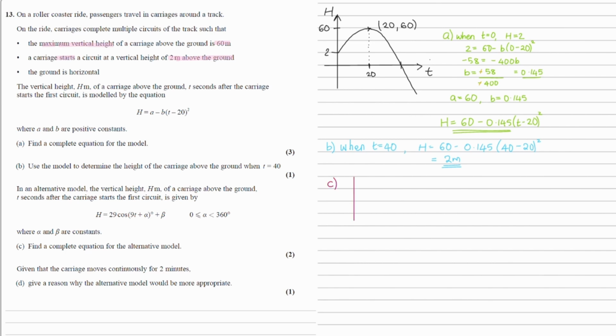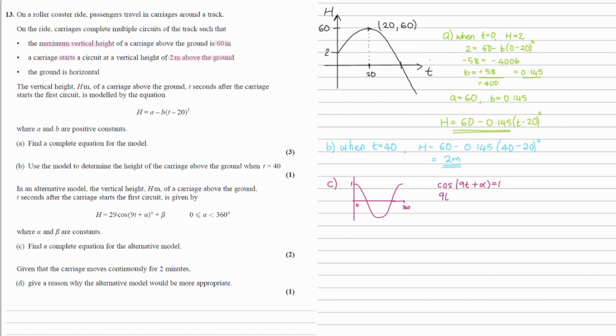For part C, we know that a cosine graph reaches its maximum height at 0 and 360, and the maximum value is 1. So the cosine of this angle 90t + α is equal to 1, and the value of x that gives this maximum is 0 and 360.